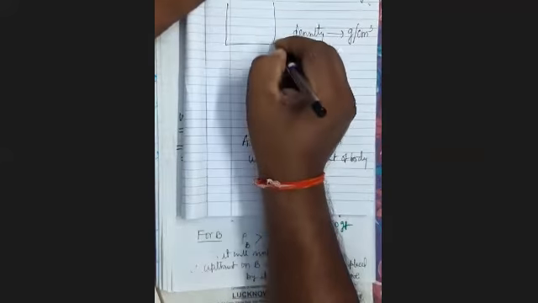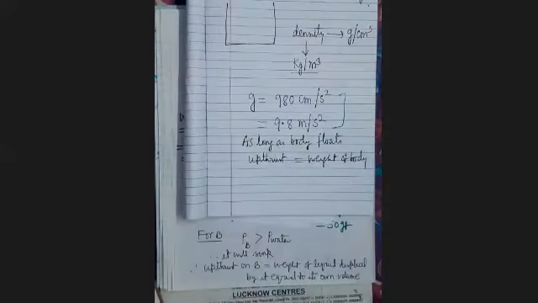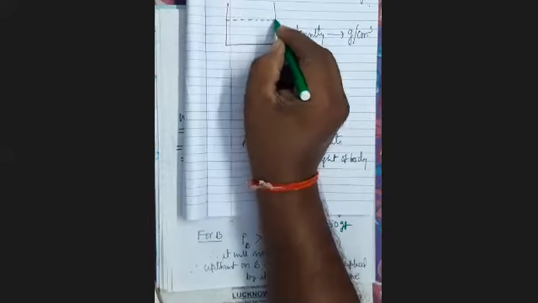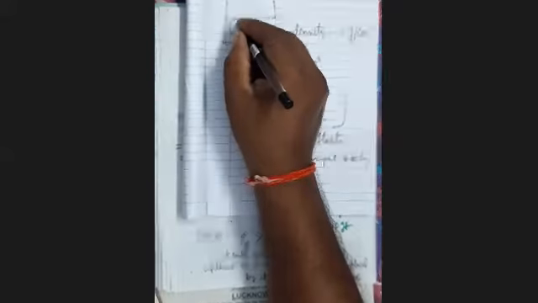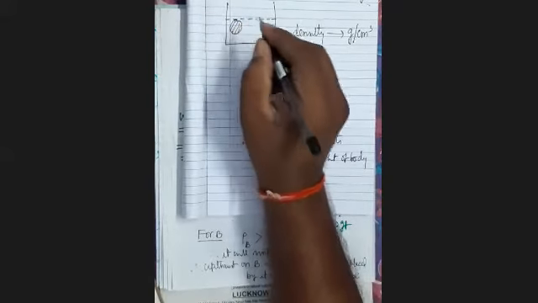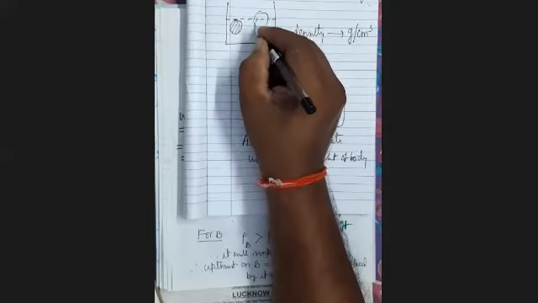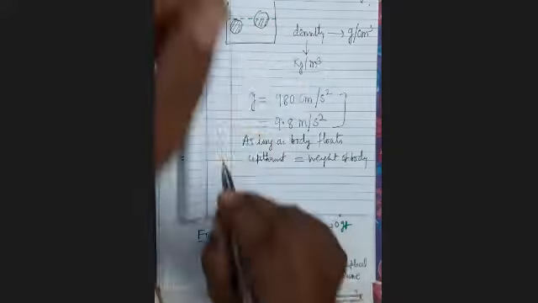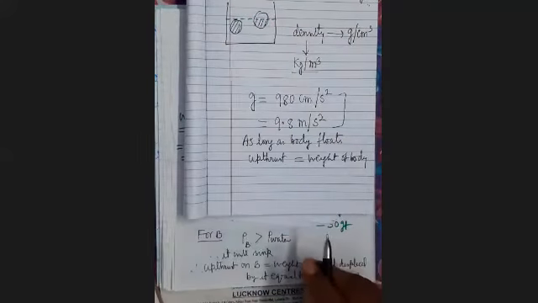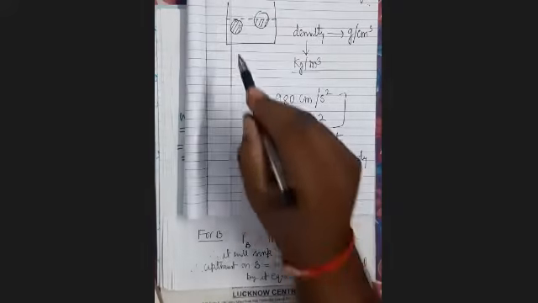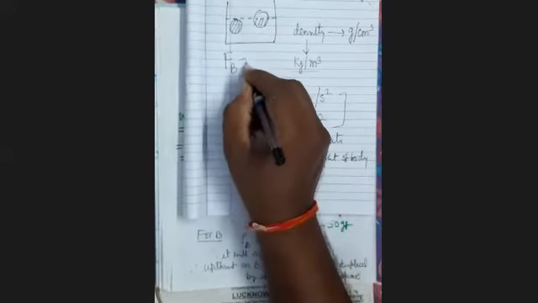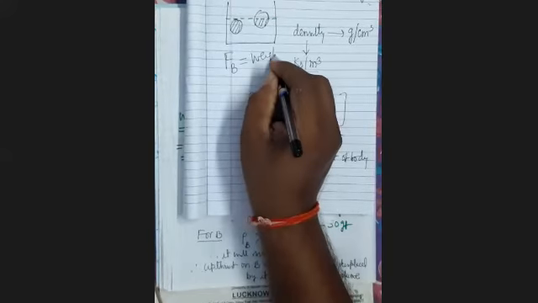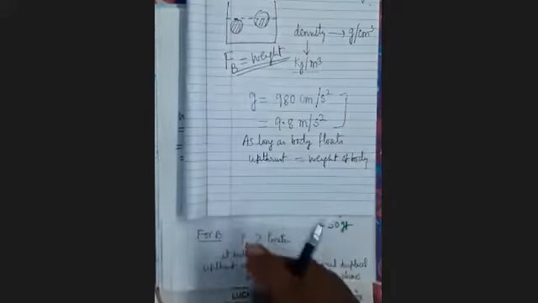Suppose this is a container containing the liquid up to here. It can float completely immersed. It can float partly immersed. In both cases, upthrust will be equal to weight, means FB will be equal to weight. It's clear?